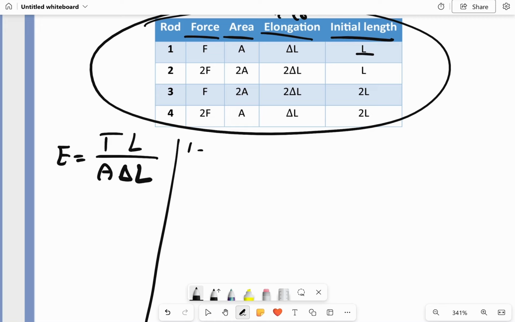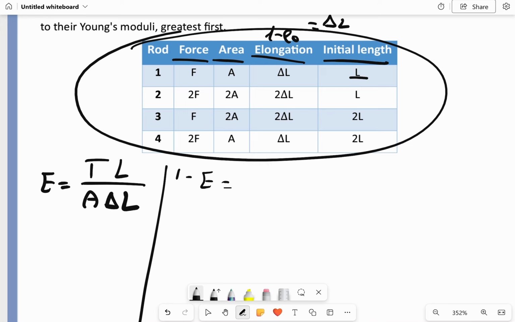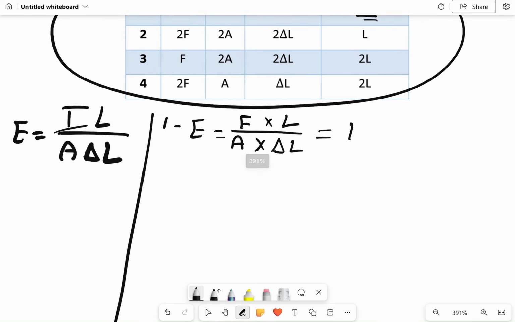Instead of the T that you have, you'll put F. Instead of area, you'll put A. And instead of elongation, you'll put delta L. And instead of initial length, you'll put L. So for question 1, Young's modulus is equal to F multiplied by L, divided by area A, multiplied by delta L. You can write this one like this: FL divided by A delta L. This is the first one.